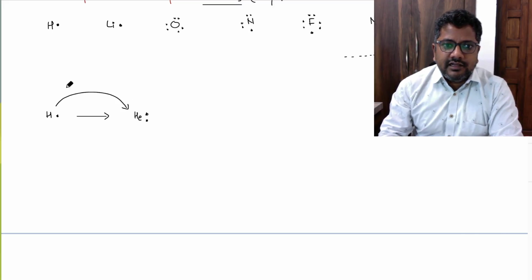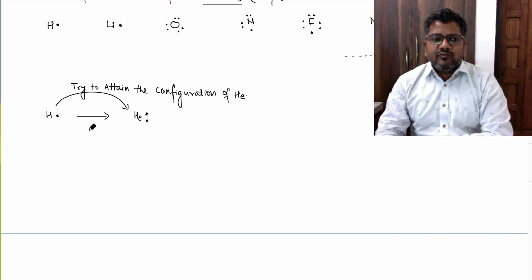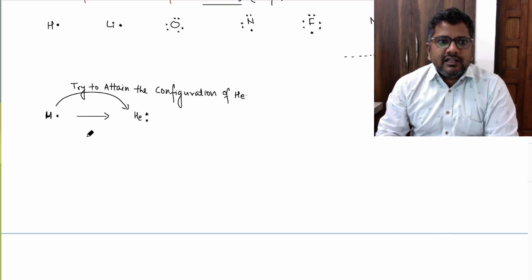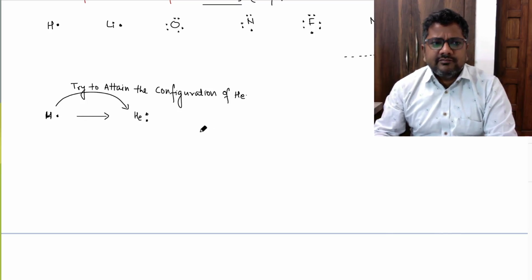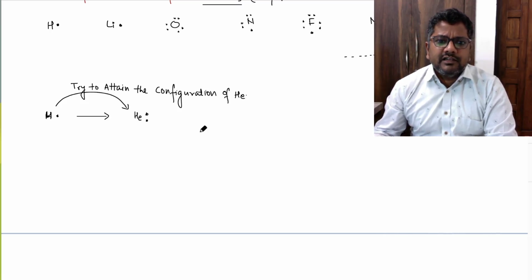Also, hydrogen does not have sufficient orbitals to accommodate 8 electrons. Some people call this the law of duplet, meaning hydrogen tries to complete the duplet.